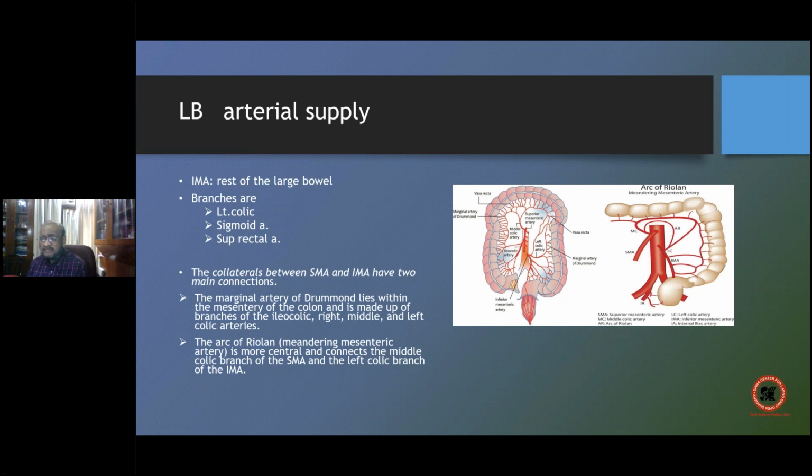That is the meandering mesenteric artery, and this is important. Why? For the simple reason, if you've got a block in the superior mesenteric, the vascularity could still be maintained through this meandering artery and the marginal arcade of Drummond.